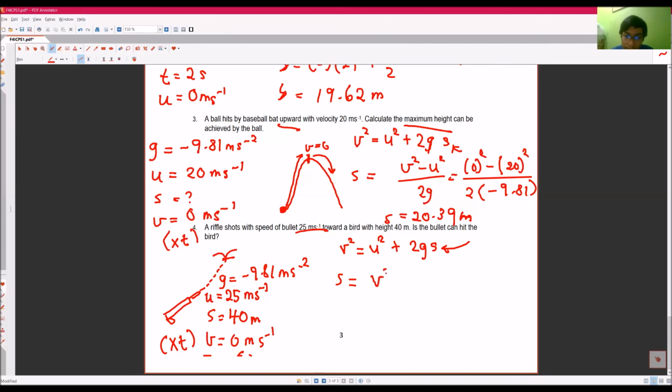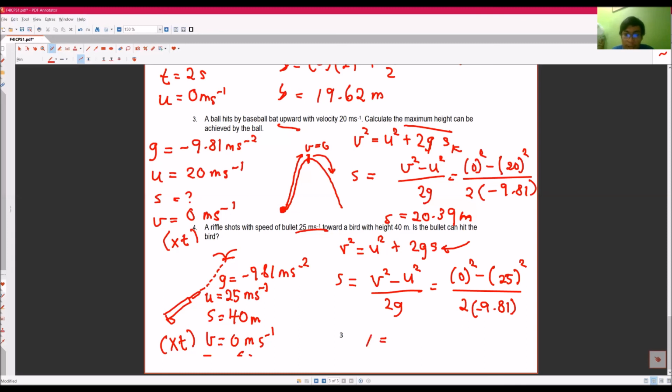So v square minus u square divided by 2g. 0 square minus 25 square, divided by 2 times negative 9.81.